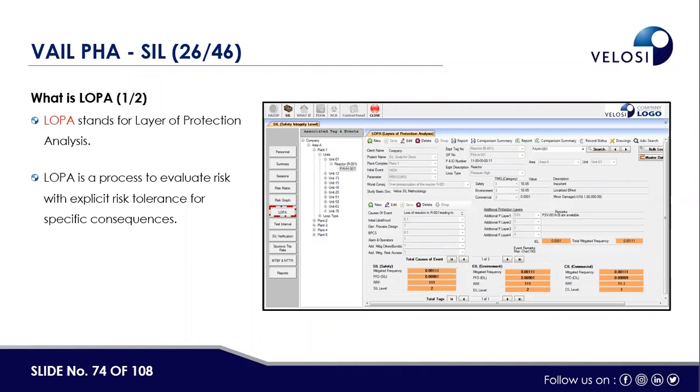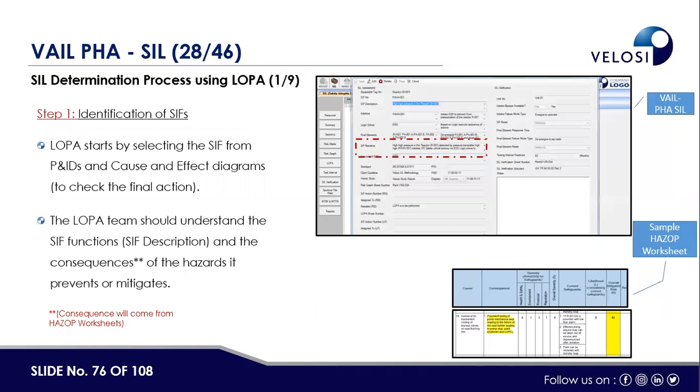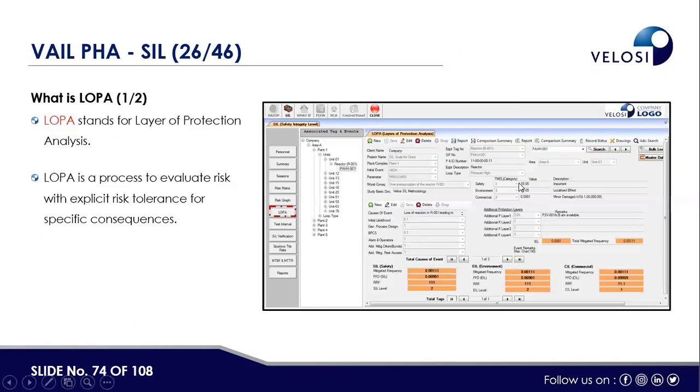So the methodology is simple. Let me explain here first. First of all, we have to identify a SIF. After the identification, we have to set the target value. How can we set the target value? With the help of consequence severities.